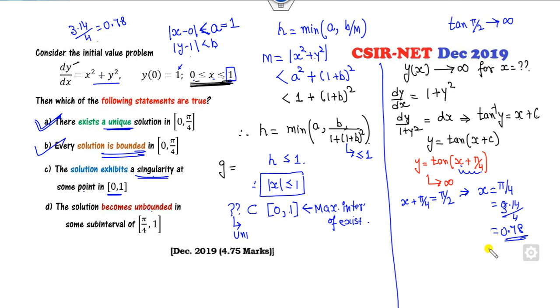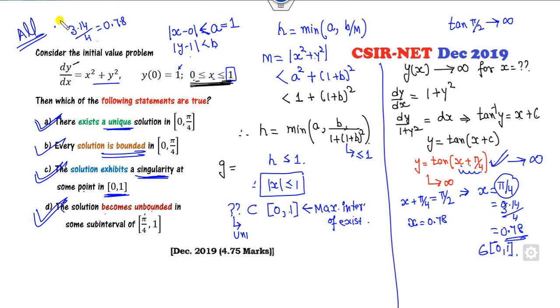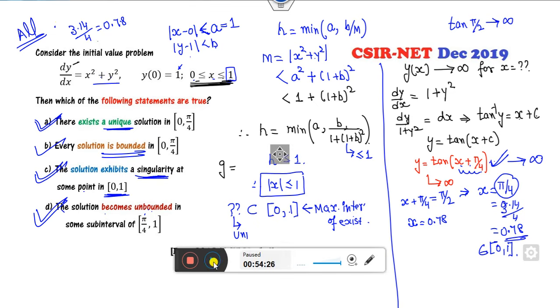Okay, and 0.78 belongs to this interval. Clear? So that means we can get an x, which is 0.78 or approximately pi by 4, so that this solution becomes infinity. That means it's a singularity. So once it's a singularity, the solution becomes an infinite value, so it's an unbounded solution. All options are correct answers for this particular problem.